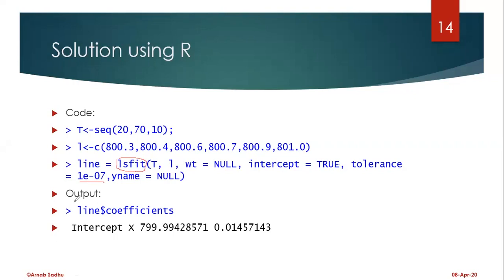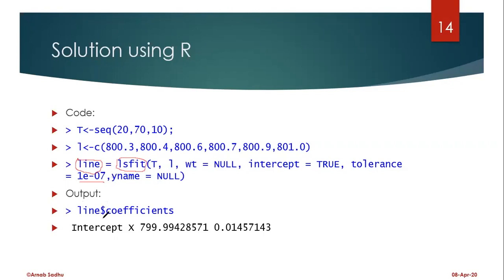This line will consist of many outputs, and I will just need one output, that is the coefficients. To see the coefficient output, you will need line dollar coefficients, because line has so many outputs.